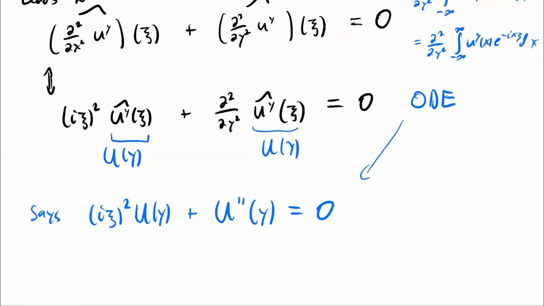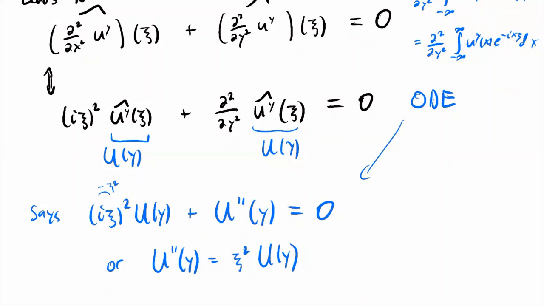right? And so in particular, let's just rearrange this. This says that U''(y) is equal to ξ² U(y), right? And so this is the ODE that we have to solve, because i squared is -1, and so this is minus ξ squared.